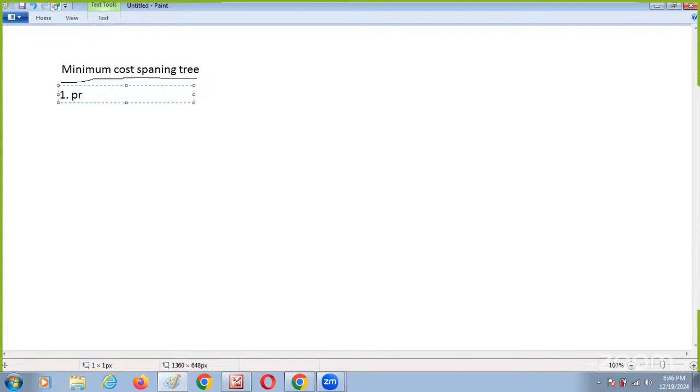So we have Prim's algorithm and next Kruskal's algorithm. So these are the 2 different algorithms.